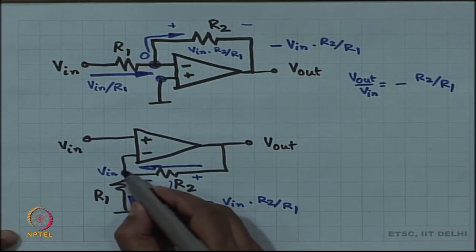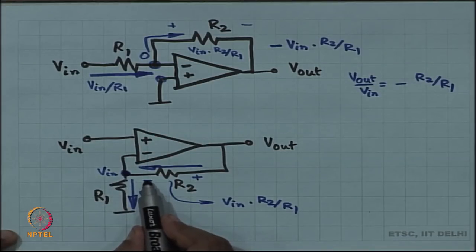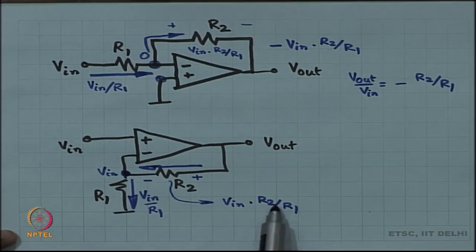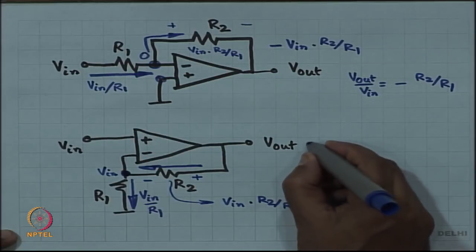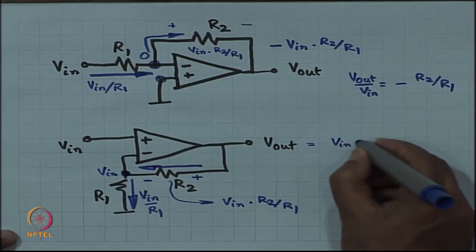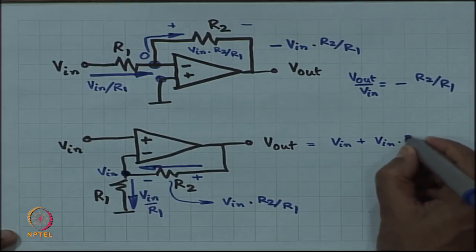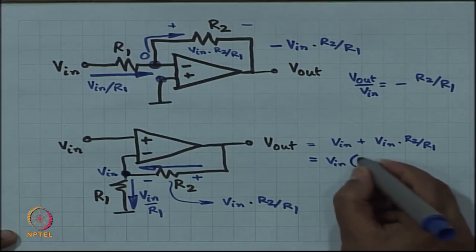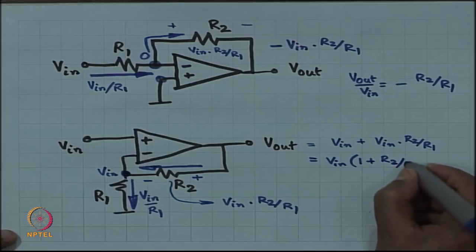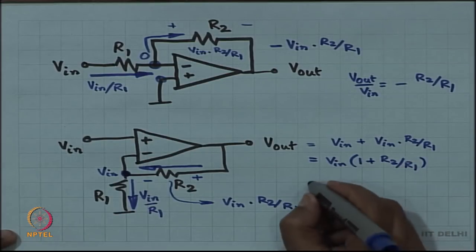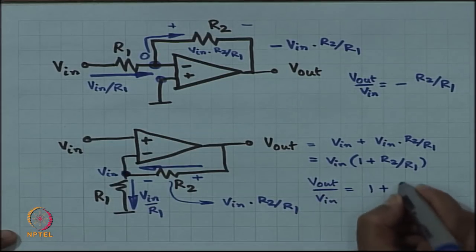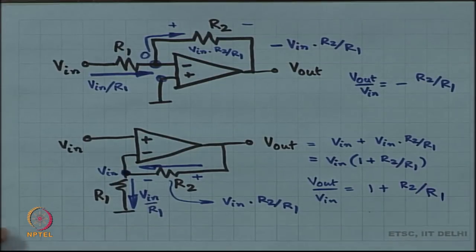So, you start from V in, that is the voltage at the minus terminal. So, the voltage at the plus terminal of R 2 is going to be V in times R 2 by R 1 more than V in, which means V out is going to be equal to V in plus V in times R 2 by R 1. You can take V in common. Okay, and that is your V out by V in. All right. So, this is the standard way of analyzing this.